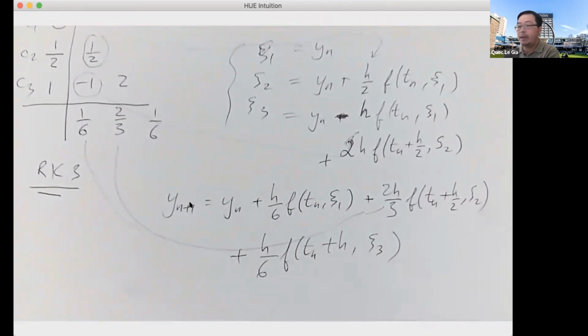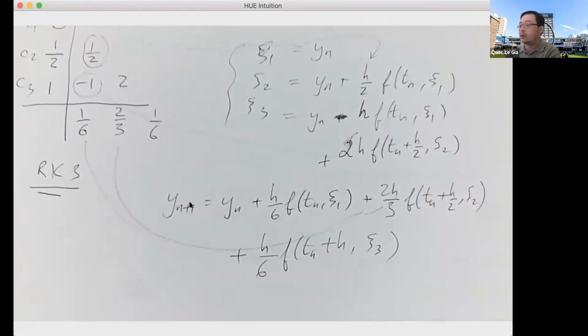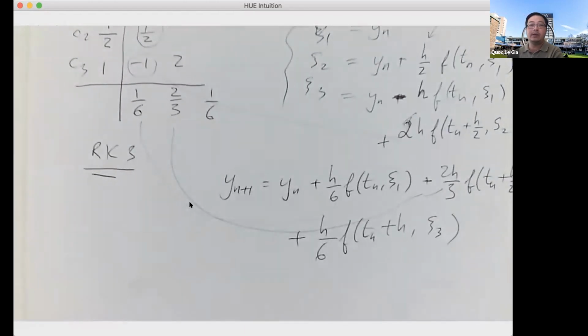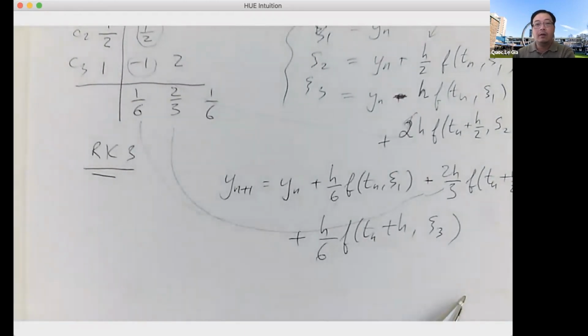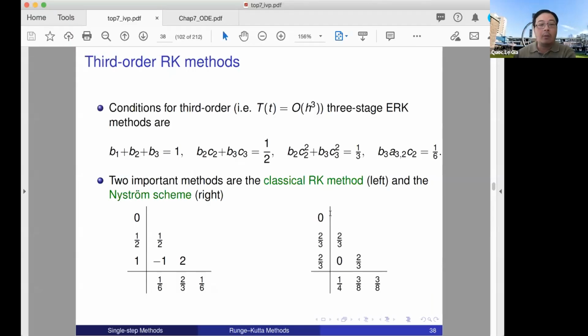And so the next one will be RK4. So if you go to the lecture notes, you will see the table for RK4. Well, this one is another table of third order Runge-Kutta method, because remember here you have 4 equations, but how many unknowns do you have? 1, 2, 3, 4, 5, 6, 7, 8, 9.